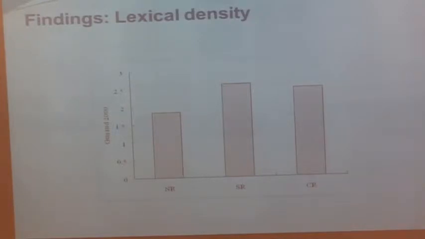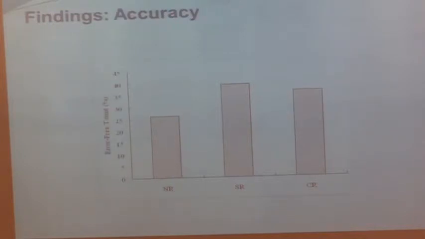But there's no difference between simple versus complex reasoning, if you like. And I think the same finding was found for accuracy, error-free T units. So what he finds is an effect for complexity, that is, intentional reasoning leads to greater accuracy, more complexity, and more lexical density. He doesn't find an effect for fluency, though, in this study.